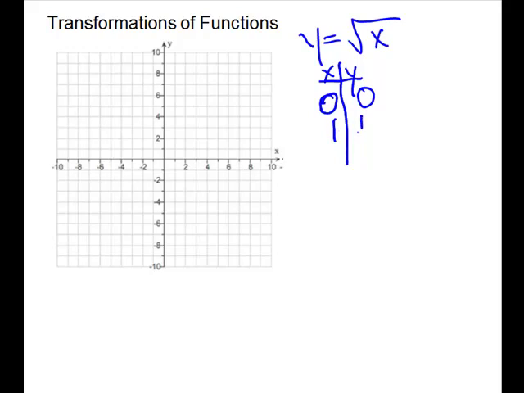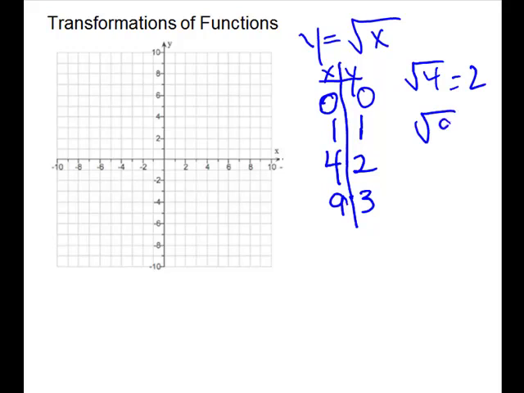The next perfect square is a 4. So square root of 4 is 2. After that, 2 squared, 3 squared would be 9. So square root of 9 would be 3. So that should be enough to do our graph.